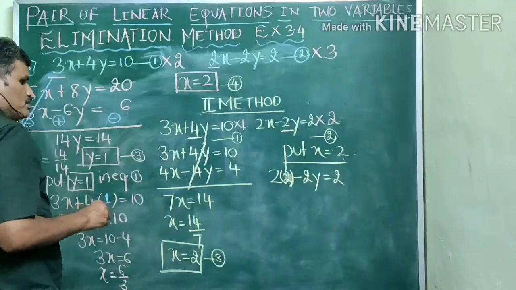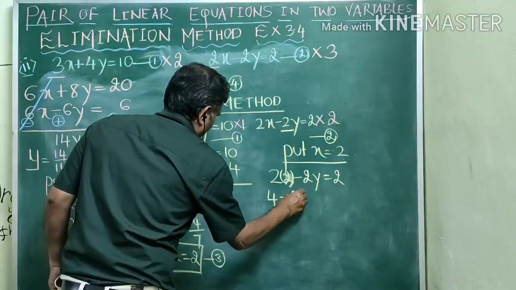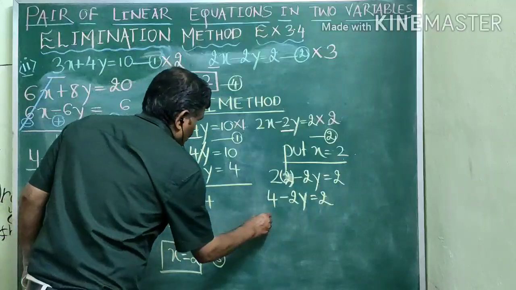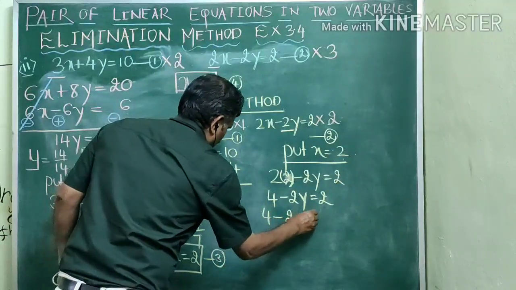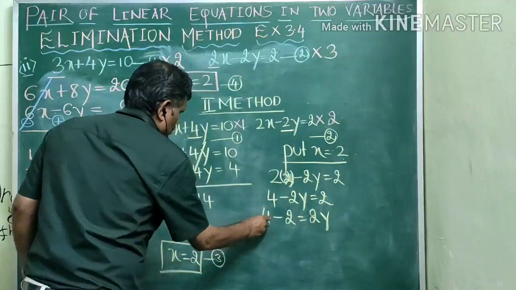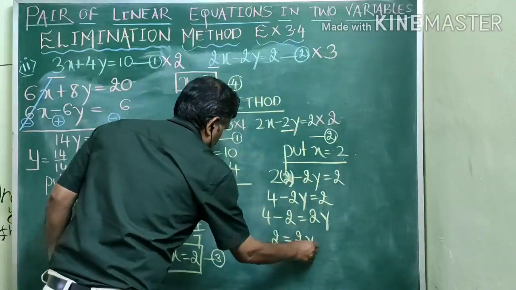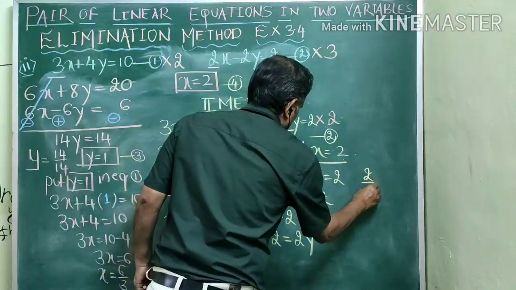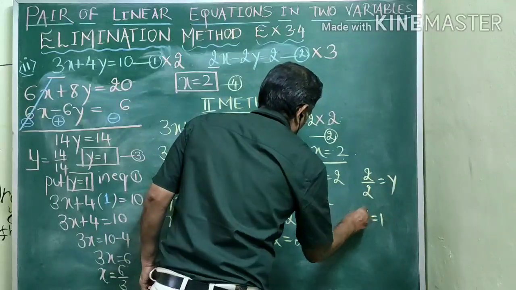In place of x you put 2. So 2 2s are 4, minus 2y is equal to 2. So this becomes 4 minus 2 is equal to 2y. So 4 minus 2 is 2 and this is 2y. So 2 is equal to 2y means 2 by 2 is equal to y, or I can say that y is equal to 1.